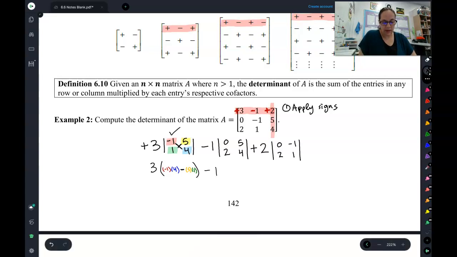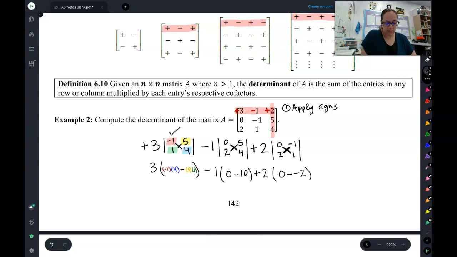Now I move on to my negative 1, and I find the determinant of this one. I'm going to start to go a little faster. So this diagonal first, 0 times 4 is 0, minus, then this diagonal, 2 times 5 is 10. And then I have my positive 2, and now I need to do this one. 0 times 1 is 0, minus, this diagonal, negative 1 times 2 is negative 2.